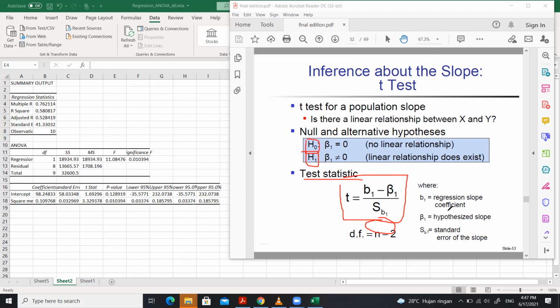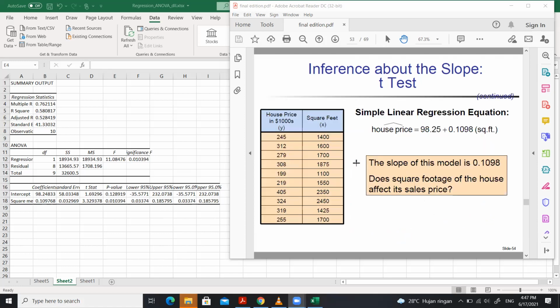This is the regression slope, and this is the hypothesized slope here, and this is the degrees of freedom. SB1 is the standard error of the slope. Okay, and then we arrive at this test.